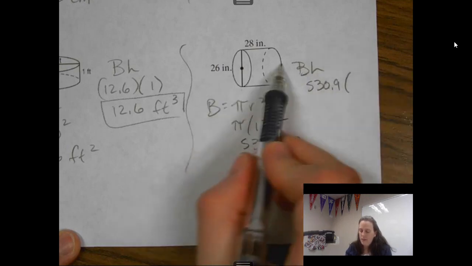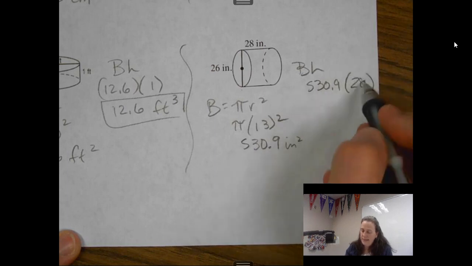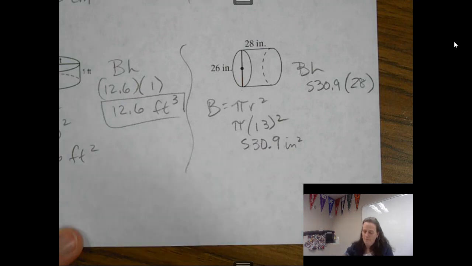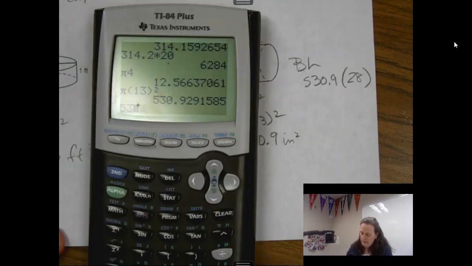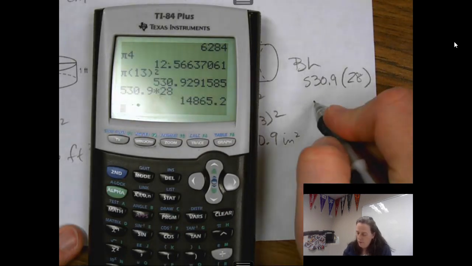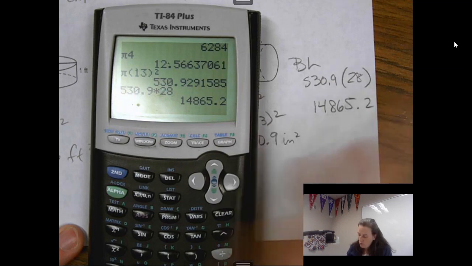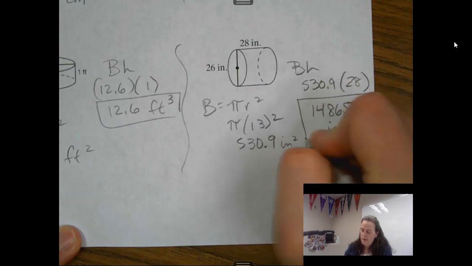So the distance between the bases is 28. And they did that sideways again. So we kind of think that's not a height. Height goes up and down. But really be careful. Height is that distance between the bases. And we should get, oh, it's a big one. 14,865.2 inches cubed for volume.